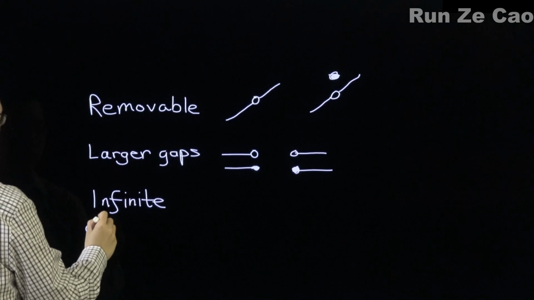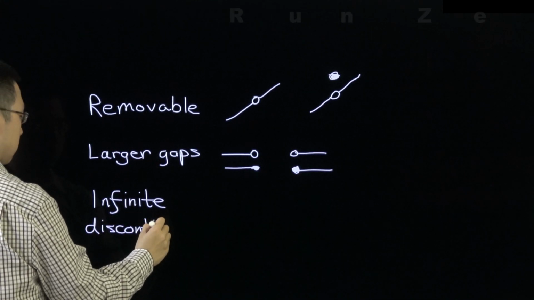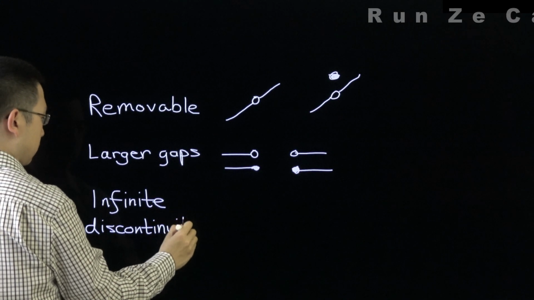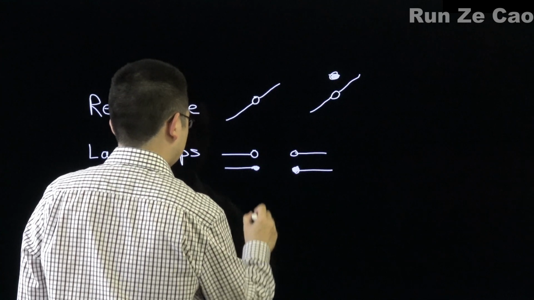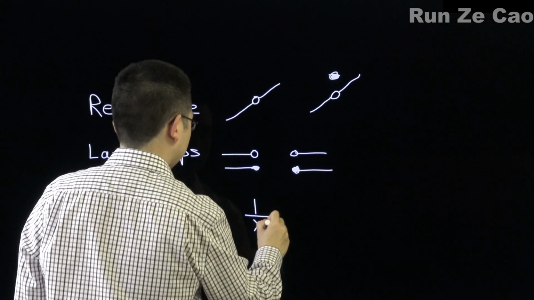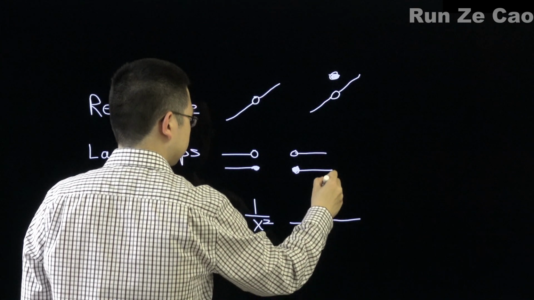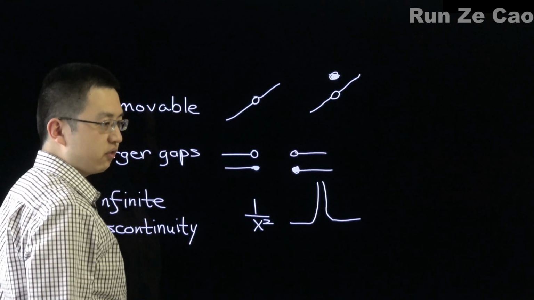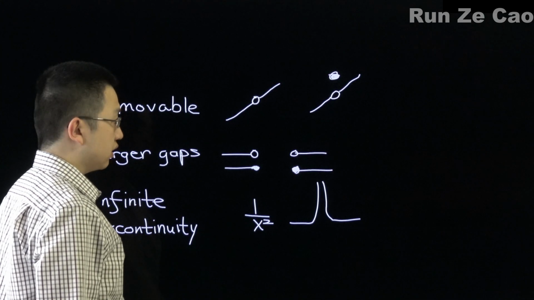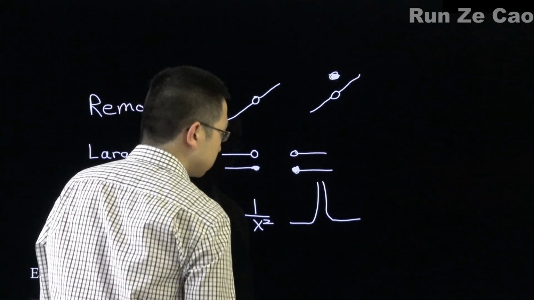Infinite discontinuity, where we say have 1 over x squared. I mean, yeah, the limits approach positive infinity from either side, but it's still discontinuous because, well, you never reach it.